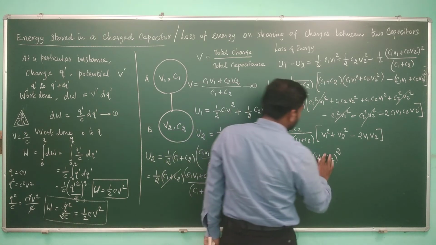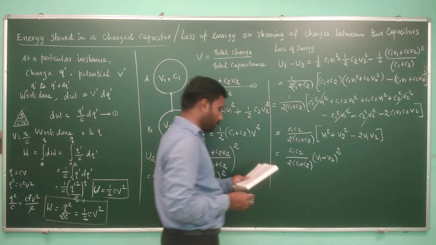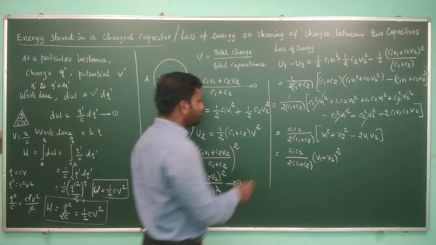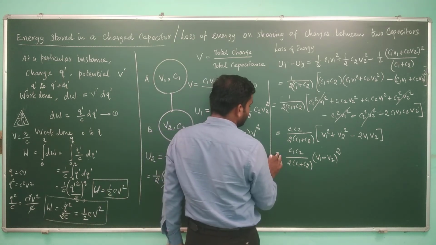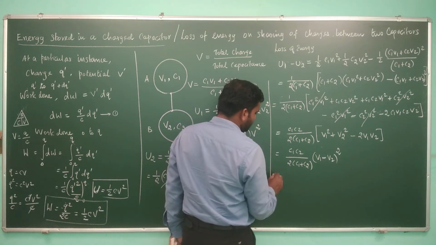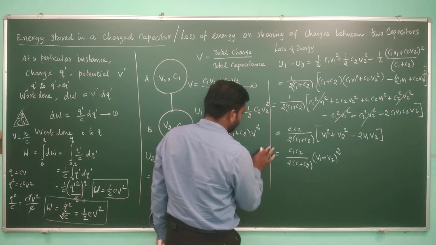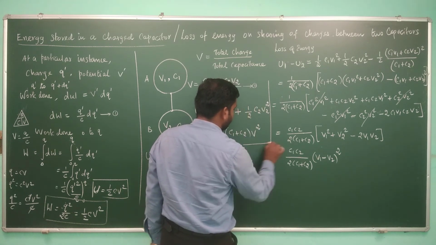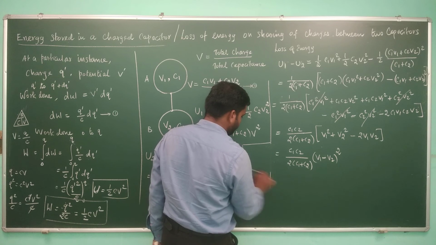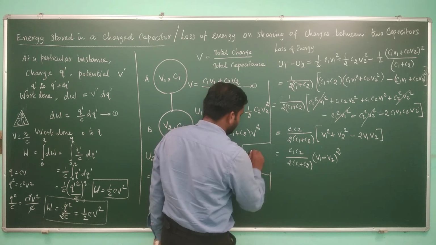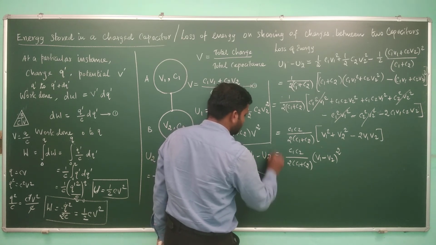Not V1 plus V2, this is a minus b, so V1 minus V2 whole square. So this equation is nothing but U1 minus U2.